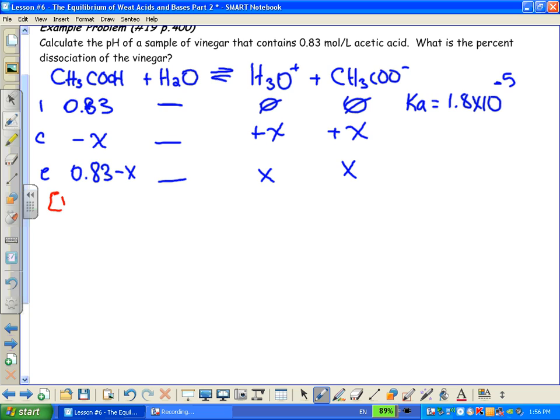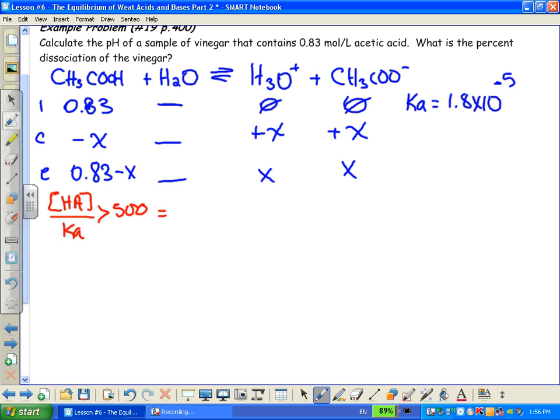So we want to check HA divided by Ka. We want to check to see if that's greater than 500. HA represents our initial concentration of our acid.